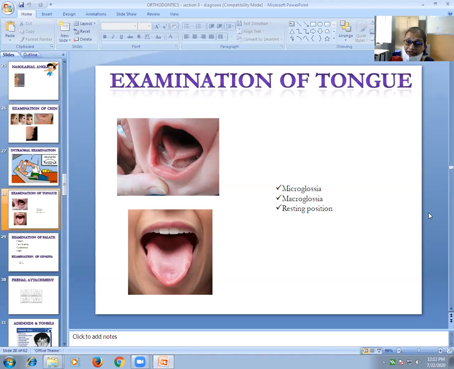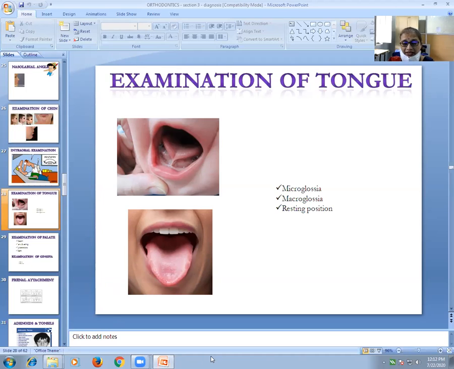Okay, if the patient has macroglossia, that means a large tongue, you will see markings of teeth, indentation of the teeth, on the lateral borders of the tongue. The arch will be wide because the arch has to accommodate the tongue. That's why the arch will be wider in macroglossia.